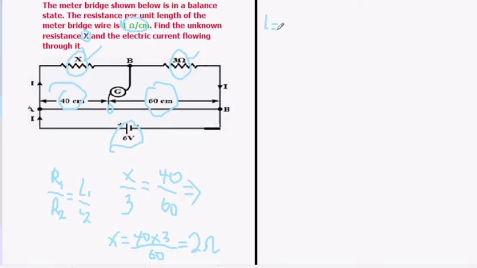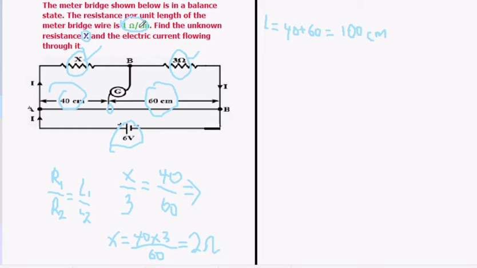The length of the resistance wire is equal to 40 cm plus 60 cm, which is equal to 100 cm. So we know that's the length of the resistance wire of the meter bridge.